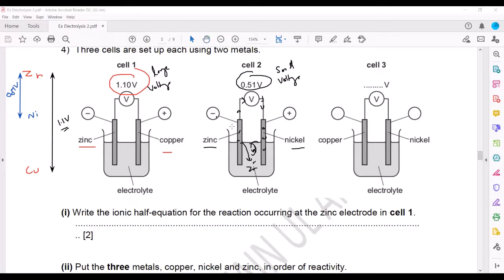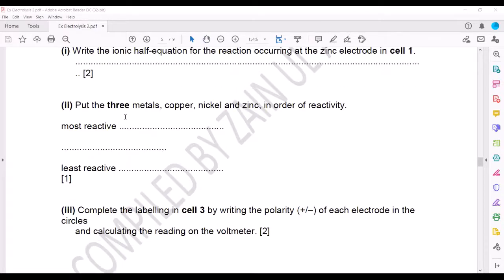So when we put the metals in terms of reactivity, the most reactive will be zinc, then we'll have nickel, and at the last it will be copper.